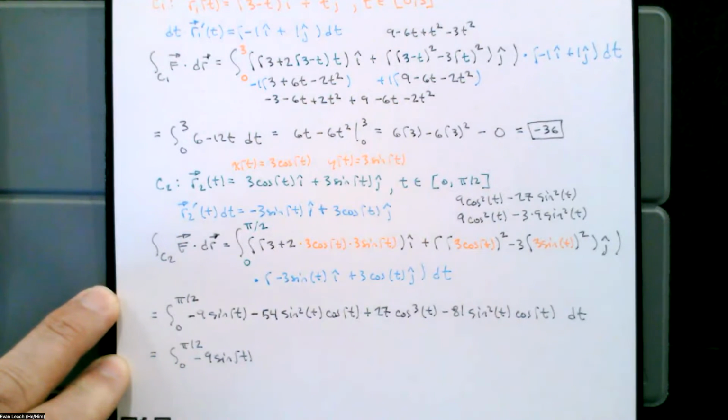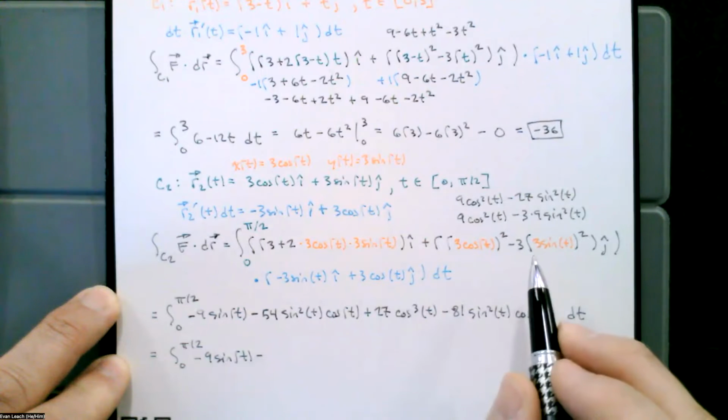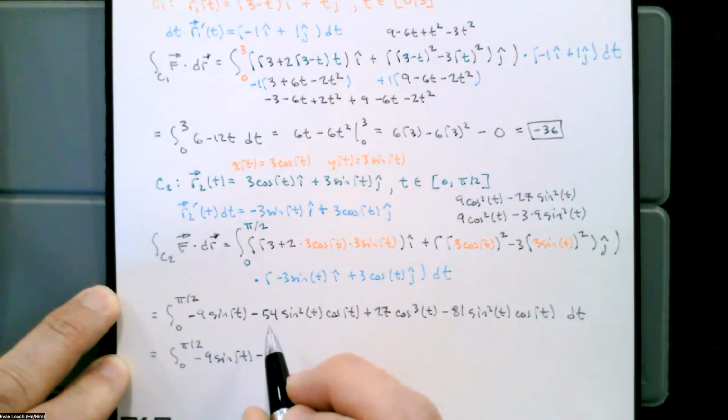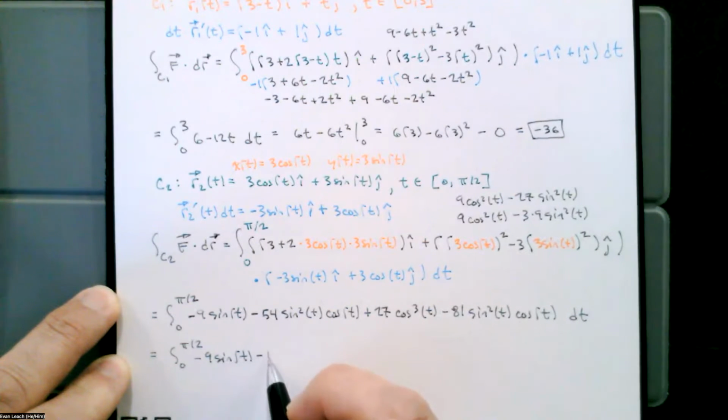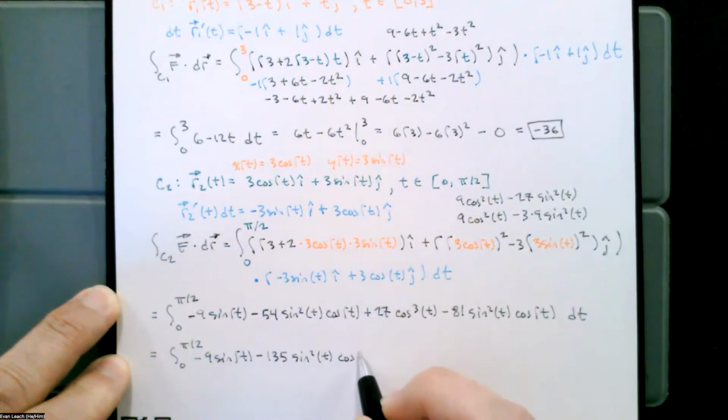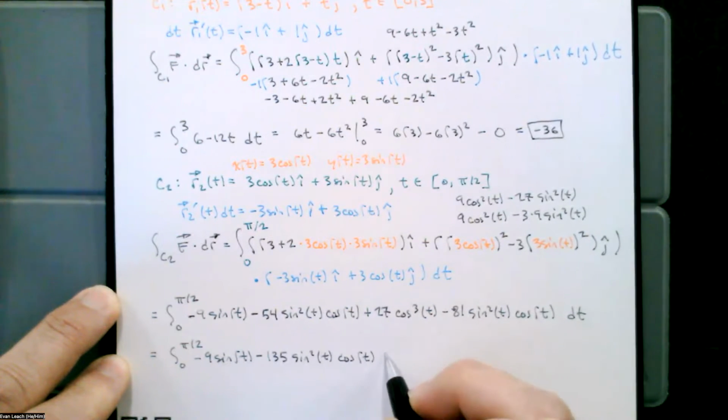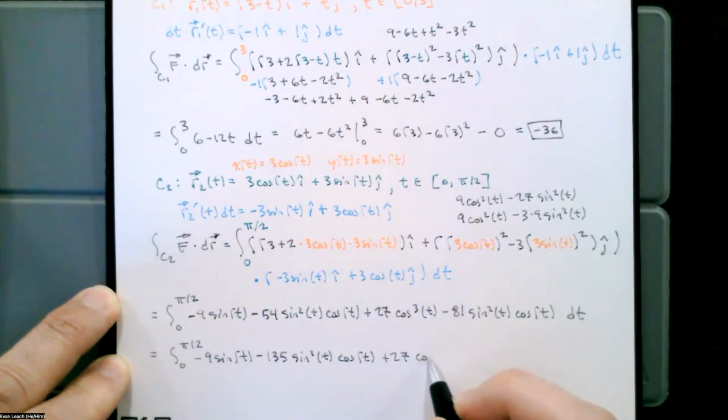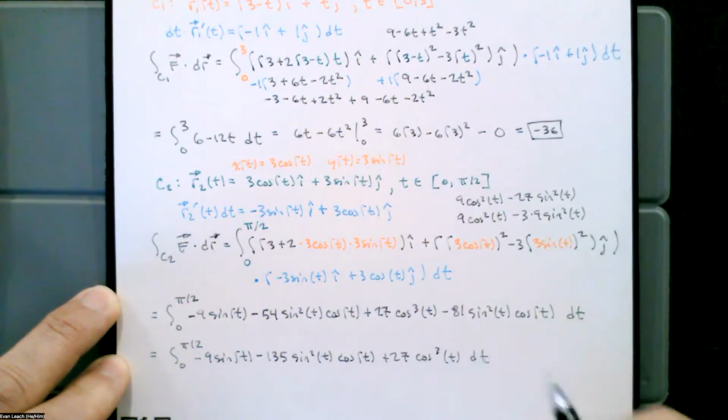I don't know which one makes more sense to write first. It makes more sense in my mind to put the sine squared cosine first. So I'll do that. Minus 135 sine squared t cosine t plus 27 cosine cubed t dt.